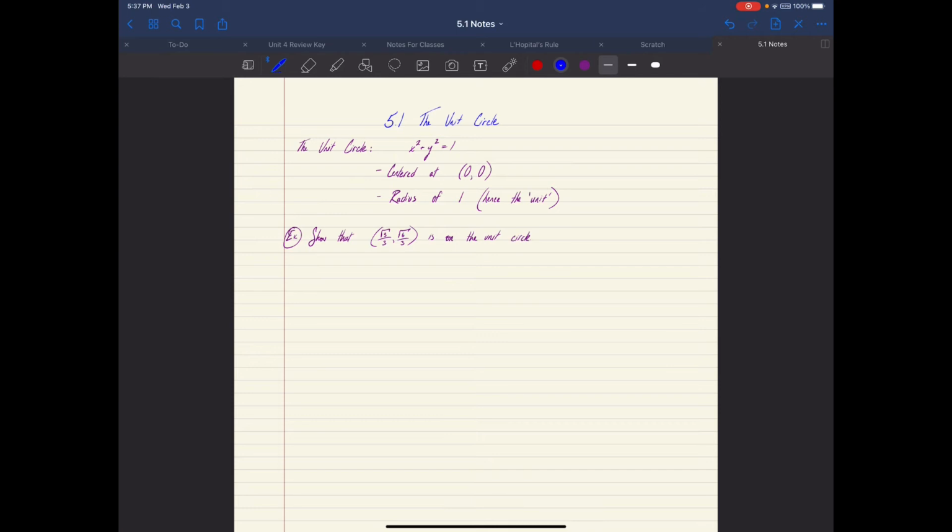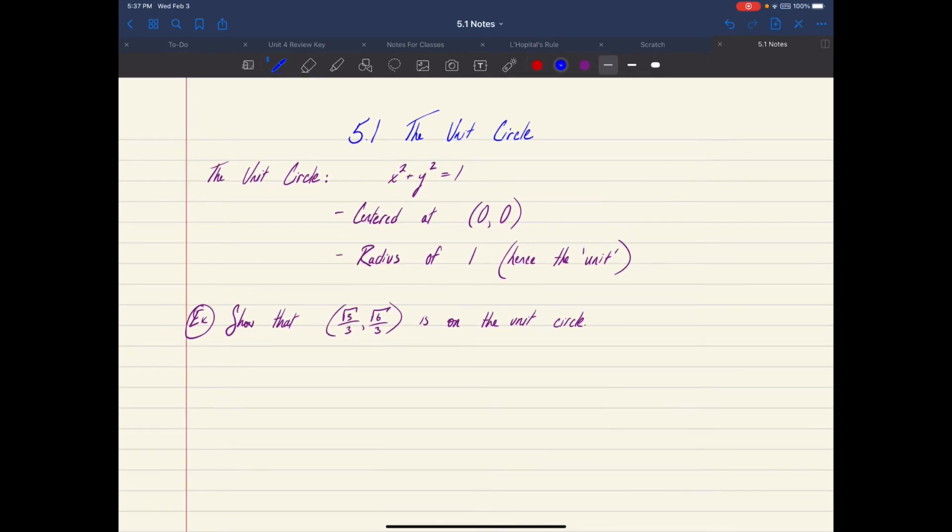So this next section, or not the next section, it's the same section, just deals with solving for values and that sort of thing. So like I said before, the unit circle, the equation is x squared plus y squared equals 1. This is just a circle centered at 0, 0, and it has a radius of 1. And so that's where the unit part of the unit circle comes from, because it's 1 unit.